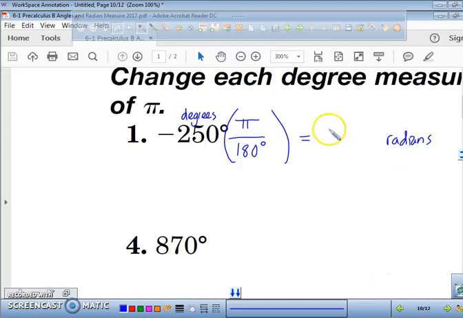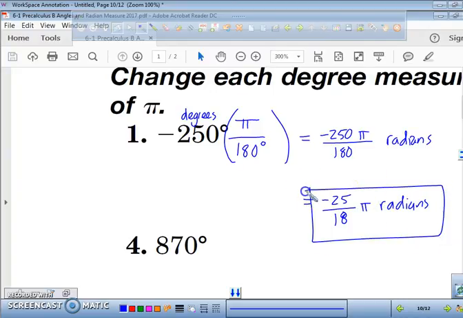So how do you do this in the calculator? Just put negative 250, there's the pi, over 180, and you can simplify this fraction to negative 25 over 18. And then put pi next to it, and write the word radians. This is negative 25 over 18 pi radians.